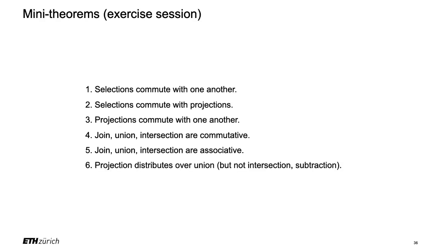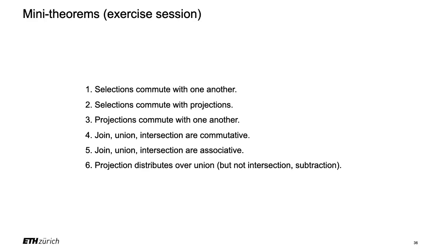Then we have projection distributing over union. Distributive, if you've never heard of it, it's the case with multiplication and addition. It's basically saying that C times A plus B is the same as C times A plus C times B, right? It means that multiplication distributes over addition. The same goes with projection distributing over union.